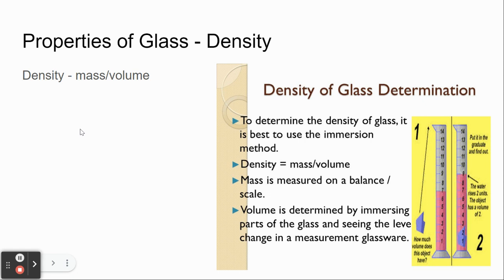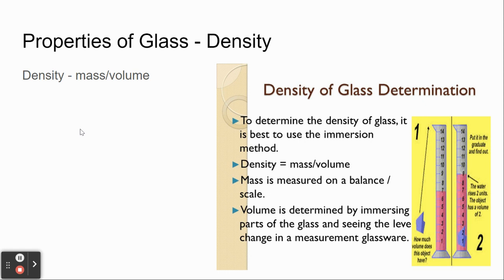Okay. The first one is going to be that of density. And density is just a measure of the mass divided by the volume. So this picture does a nice job of showing how to determine the density of a piece of glass. If you have a small enough piece that would fit into a graduated cylinder, you simply put a known volume of water into that graduated cylinder.